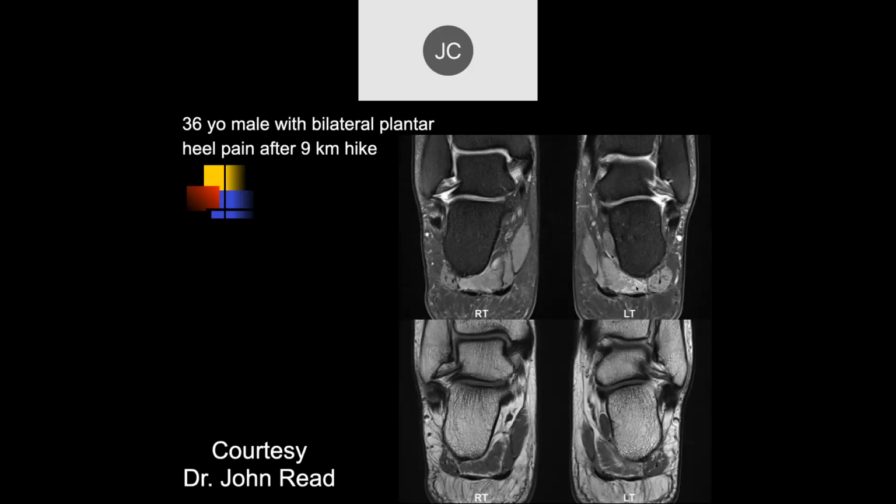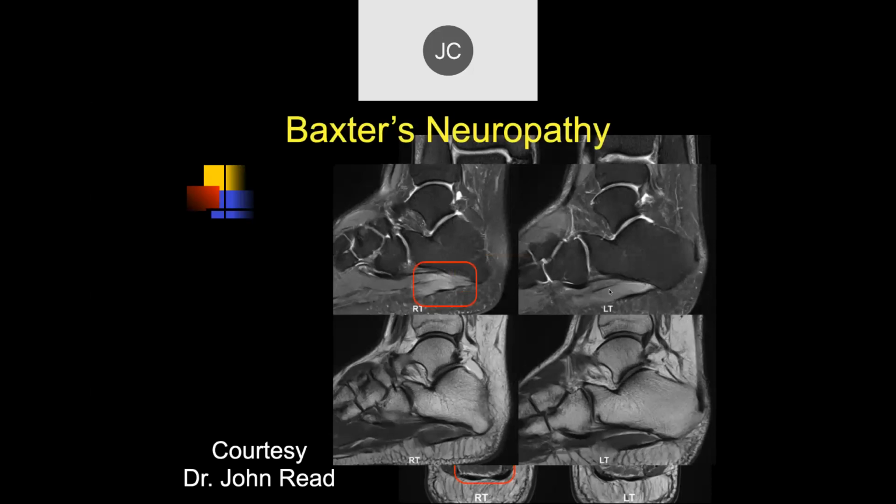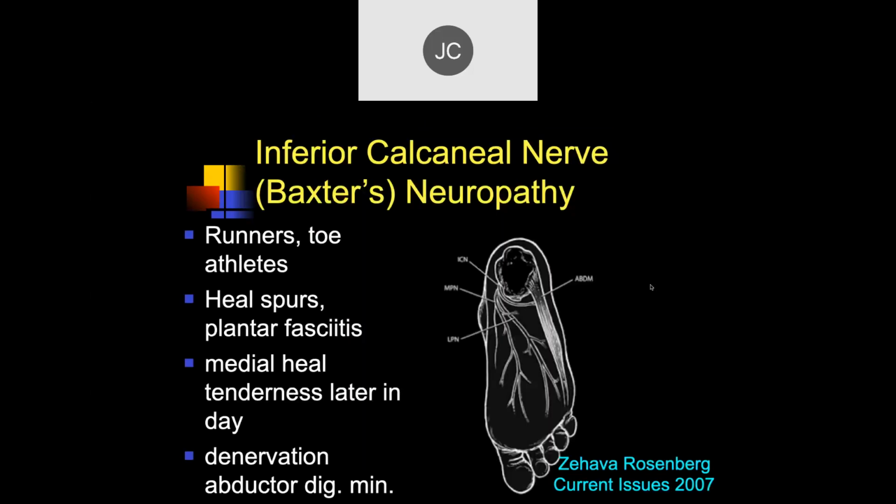And then the plantar fascia, I guess the medial and central cord are mildly thickened. Okay, there's a central, here's the lateral. Central and lateral, yeah. And then there you can see edema within the muscle. And this was thought to be Baxter's neuropathy due to the trauma from hiking, compression of the nerve and irritation of the nerve.